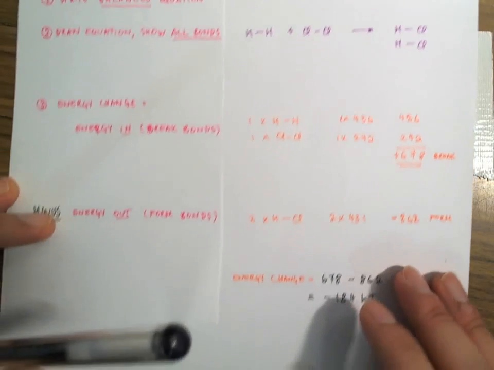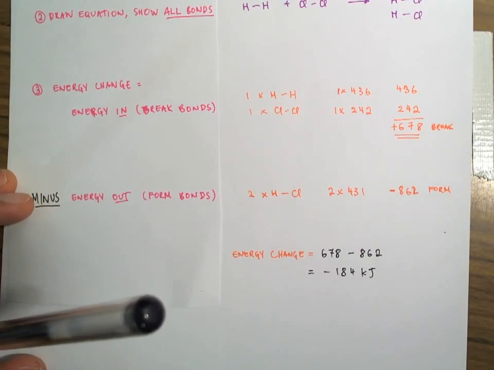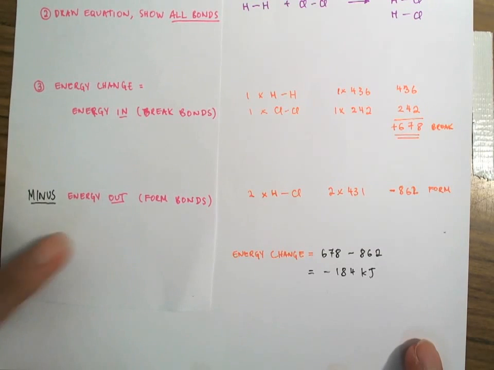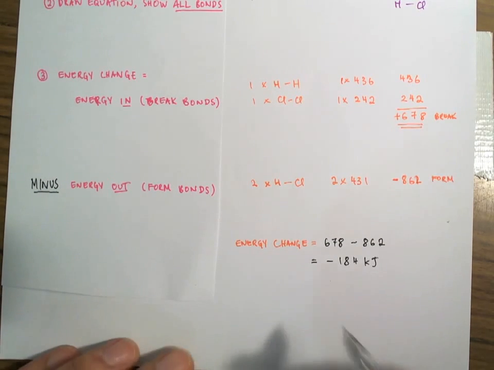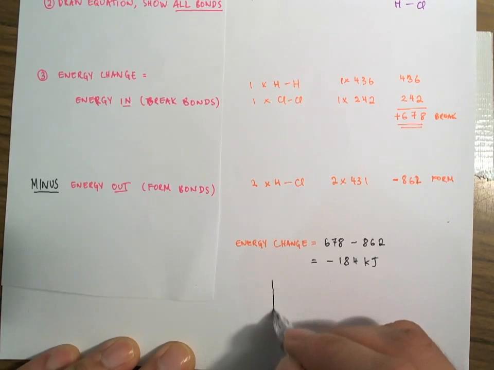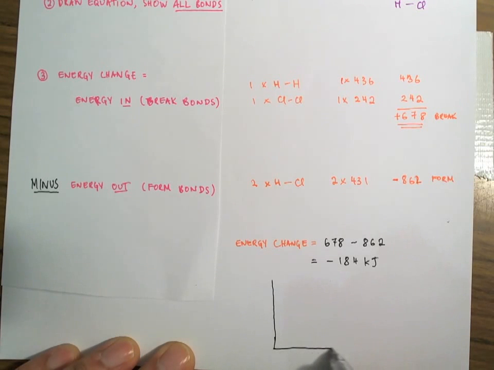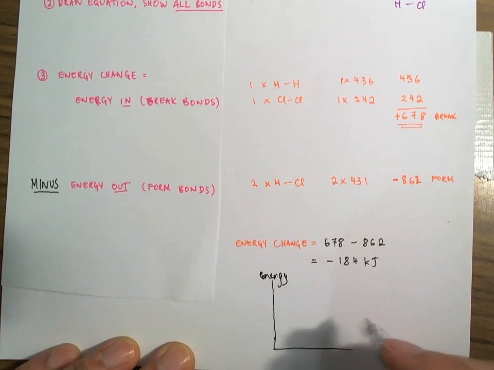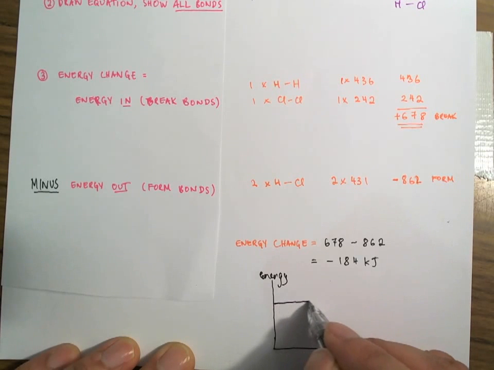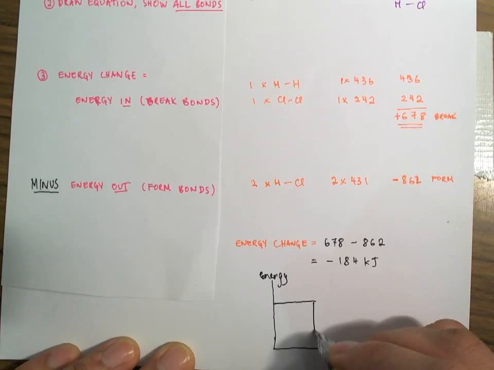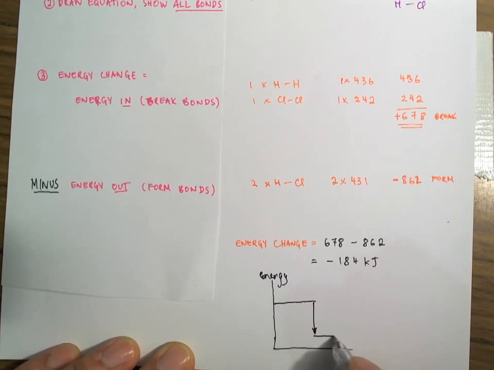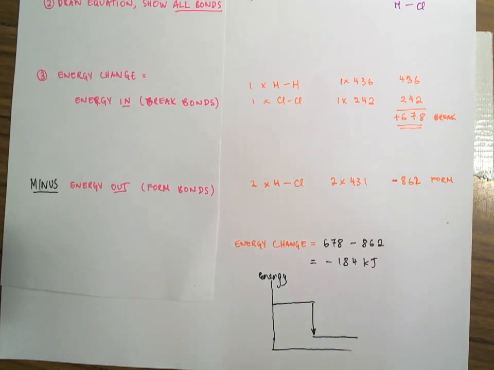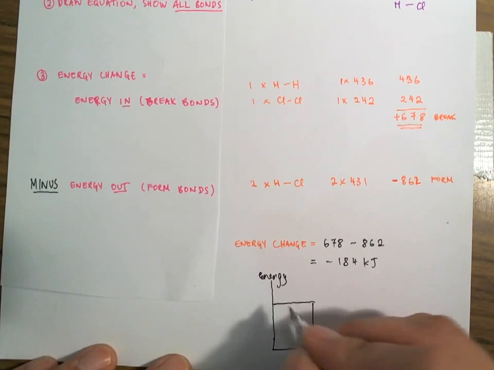from this process. Hence, I can go ahead and draw the energy level diagram just for completeness. I'm just going to draw a really tiny one right here at the bottom. So I have energy here, and since this is an exothermic reaction, my reactants had a higher energy than the products because energy is taken out of the system, so the energy of the whole system will drop overall.